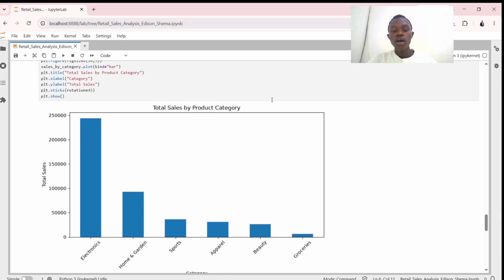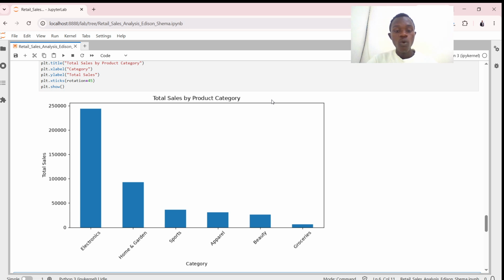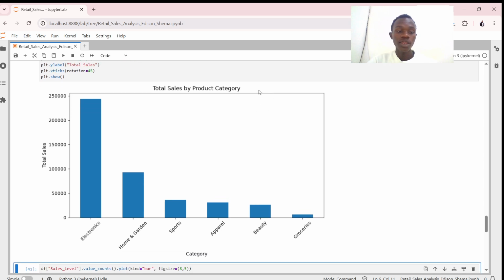Home and garden was the second highest category, while categories such as groceries generated much lower sales. This analysis helped me identify which areas of the business were contributing the most revenue. So you can clearly confirm that electronics is generating the highest revenue.